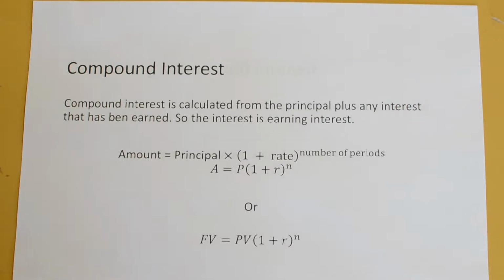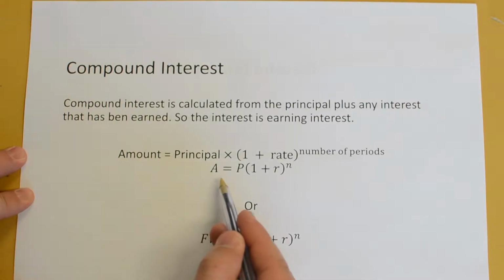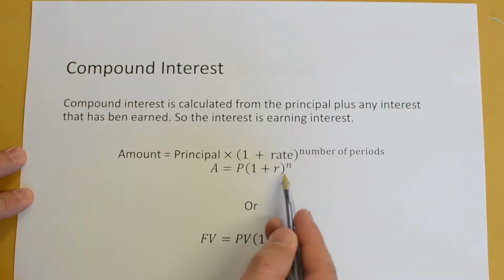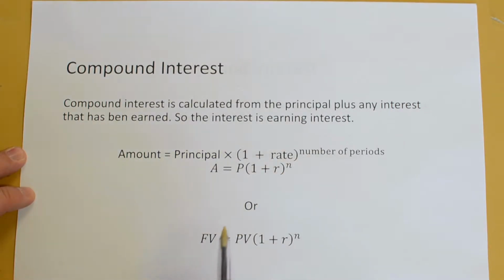And we have here the formula. The amount is going to be the principal multiplied by 1 plus r, which is your rate, to the power of the number of periods. So that's the basic formula. Another way of looking at it is FV stands for future value and PV stands for present value.